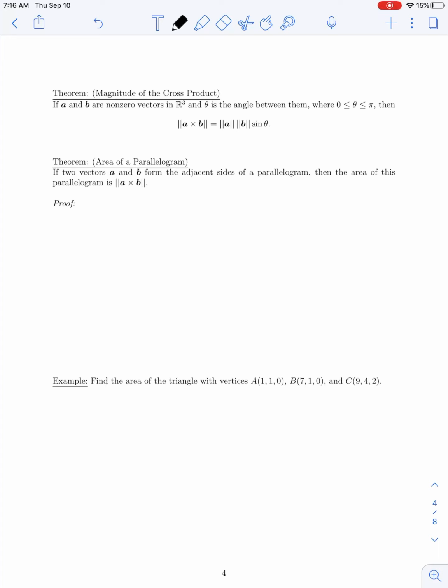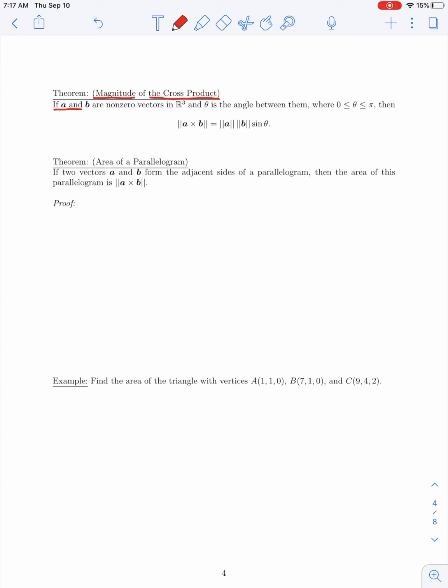So in the last part of this lecture, let's consider another property of the cross product, namely about the magnitude of this cross product. So the following theorem gives us a little bit of information about the length of this cross product vector, or its magnitude.